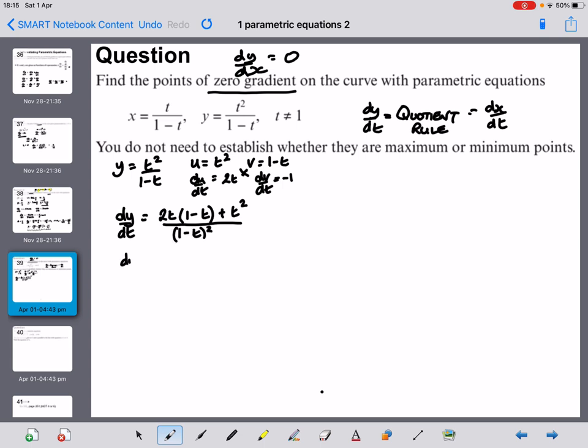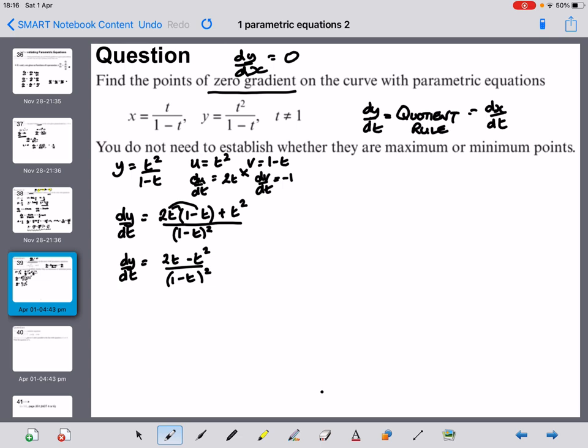So I'm just going to tidy the top up. I'm going to leave the bottom factorised. So I've got 2t, and then I've got minus 2t squared plus t squared is minus t squared, over 1 minus t squared. So that's dy by dt.